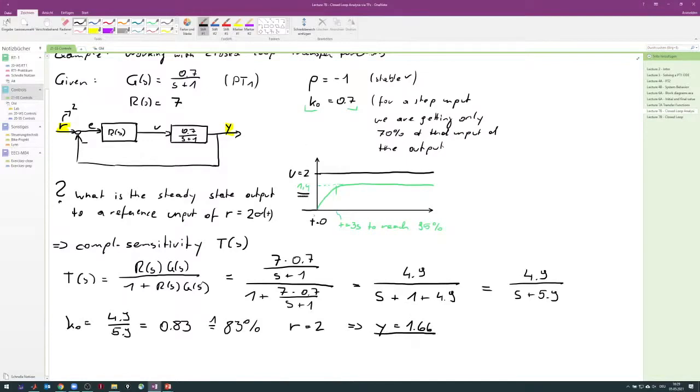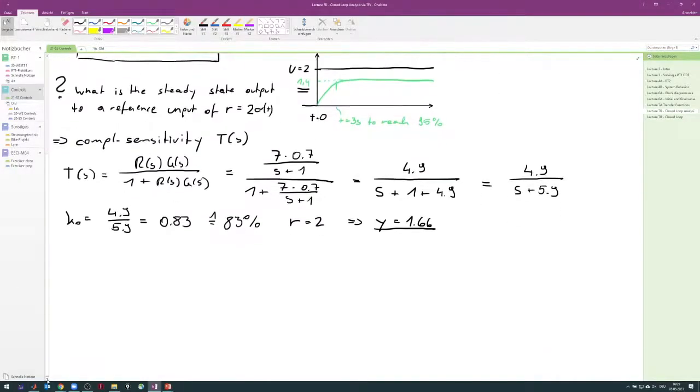And here we had 1.4, so we improved it. This was the fast shot, so to say. You can also do it slowly. You can do a limit value calculation for S going to 0 of my new system, 4.9 over S plus 5.9. As input, I have 2 over S, and I still need to consider that S here.